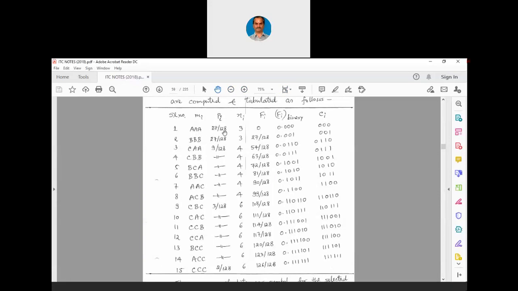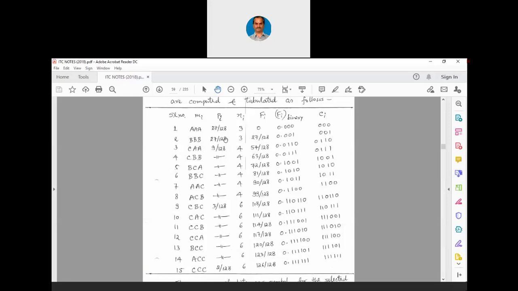AAA is 27 over 128, it is 3 bits. Similarly BBB, that way it goes on till CCC. We get this number of bits as 3344444666, that way it goes on. Now we keep on adding the fractions this way from 0 till 126 by 128. And when we convert this fraction into binary, we get all these values.